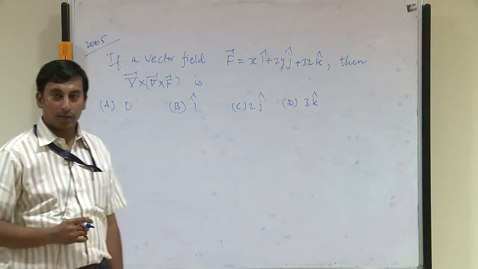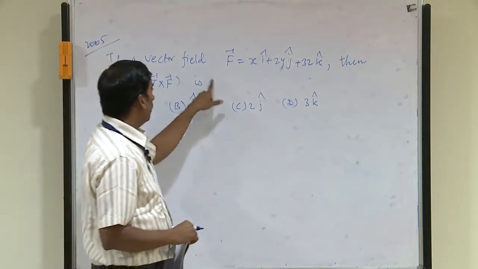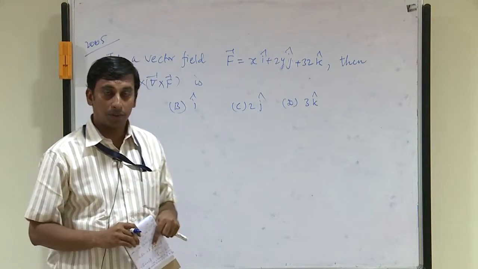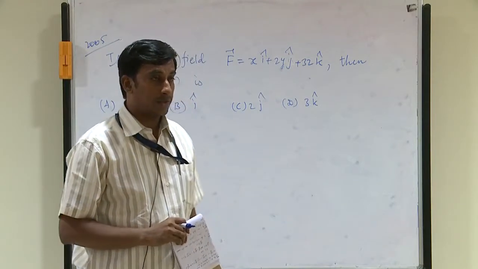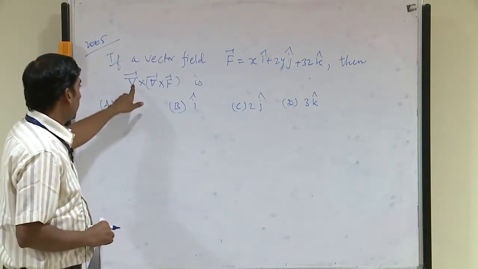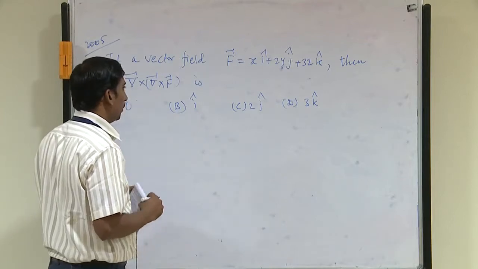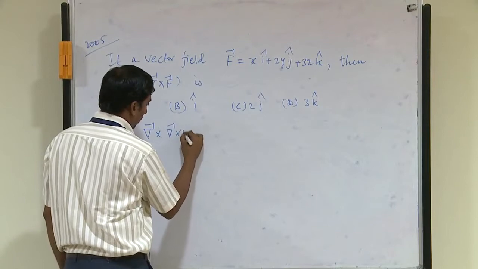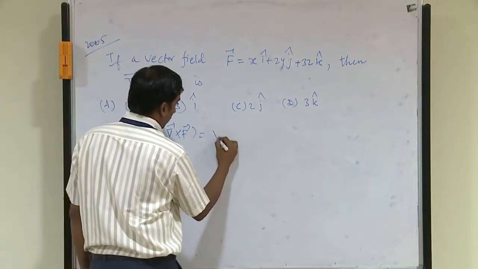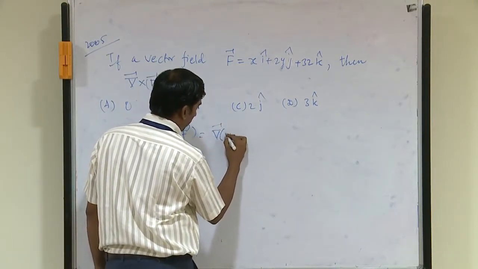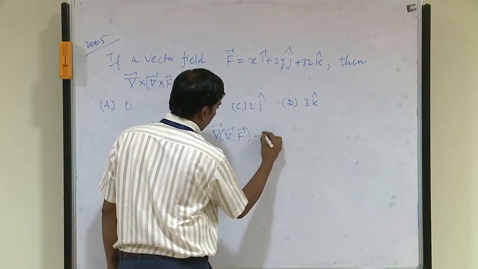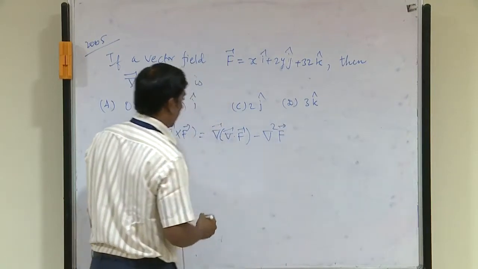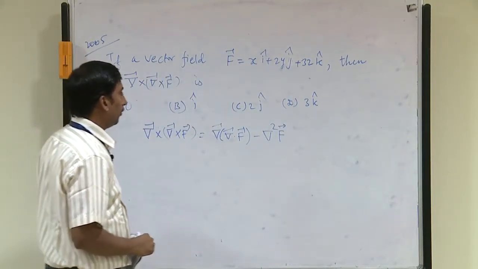So how do you go about solving this? You can straight away calculate curl F, and what you will find is it will be 0, and 0 of any function which if you take again, that will be 0, or otherwise you can also use this identity curl of curl is equal to gradient of divergence of F minus del square F. What is divergence of F?